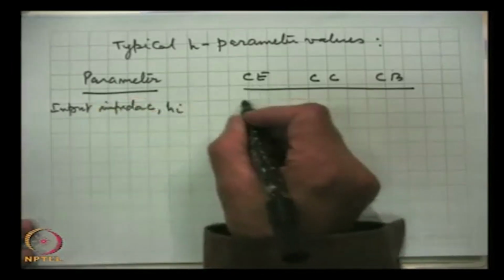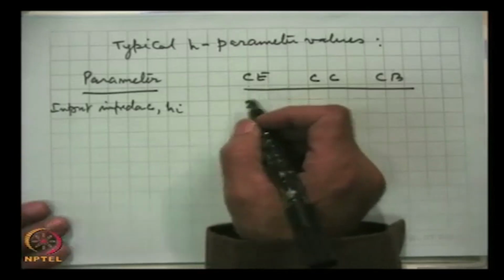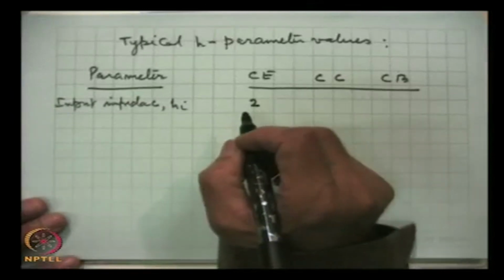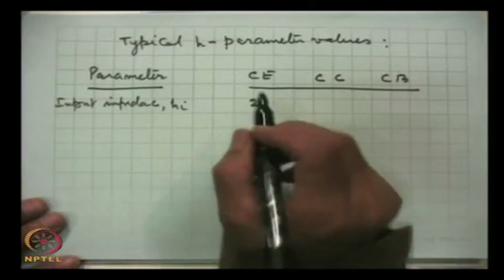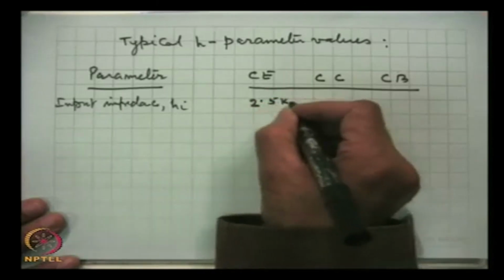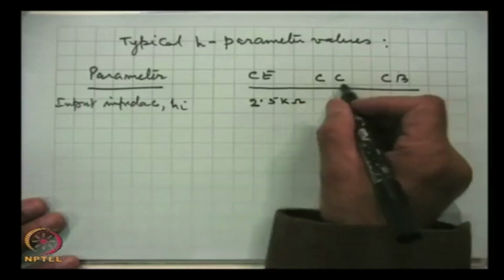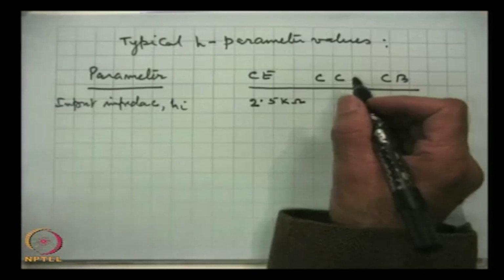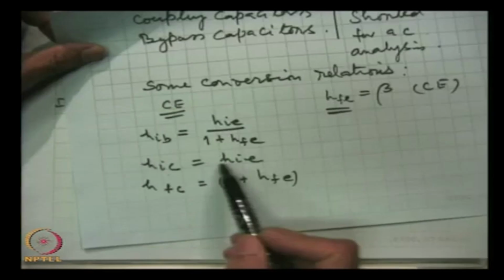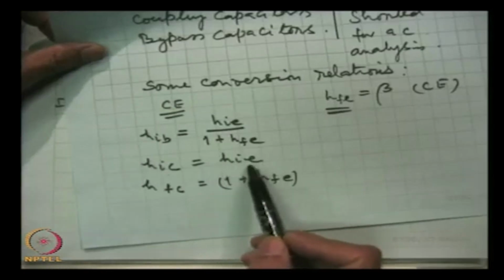Mind it, this may vary from transistor to transistor, but I am giving these typical values to give you an overall idea about these quantities: 2.5 kilo ohms, while in common collector, as I said, the input impedance is the same as in the common emitter.